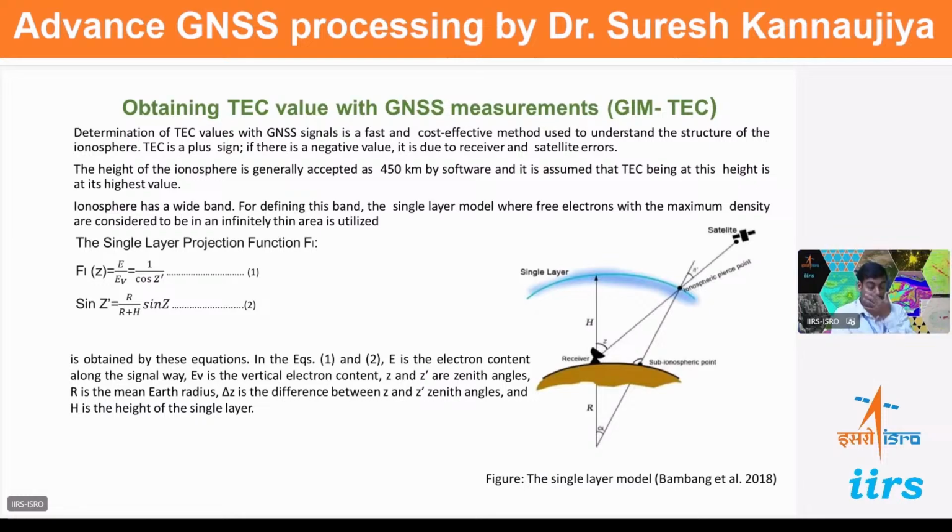Because if solar activity and geomagnetic activity occur in parallel with the seismic activity, it creates limitations, and then we cannot use this GPS TEC study for our earthquake hazard study. So that's why we need more advanced study and model development, so that we can use it for earthquake study also.